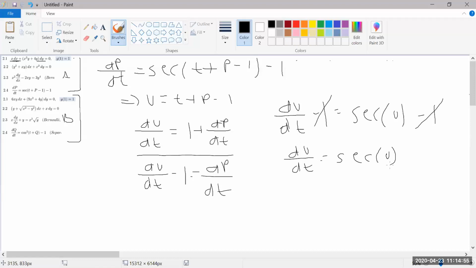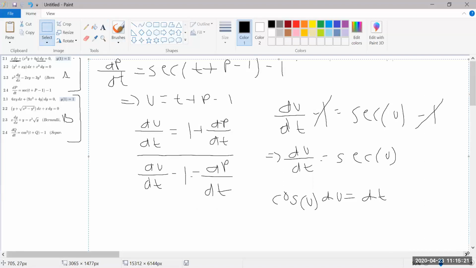And to put this in its completely integrable form, we're going to divide by this secant to get it over here with our du. When you divide by a secant, it becomes a cosine u du equals dt. Okay, and that is how you do that type of problem.